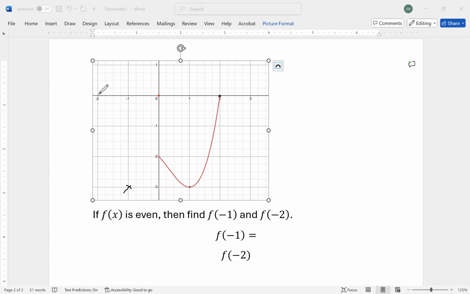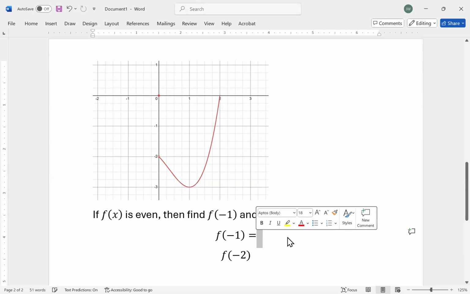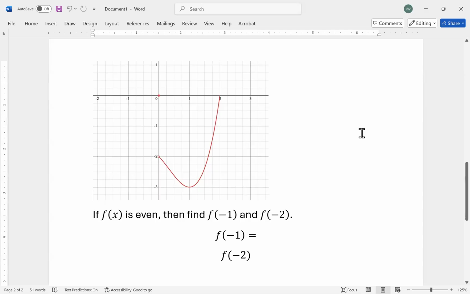Reflect that across the y-axis, and I get to (-2, 0). So f of -1, since it's even, is the same thing as f of 1.